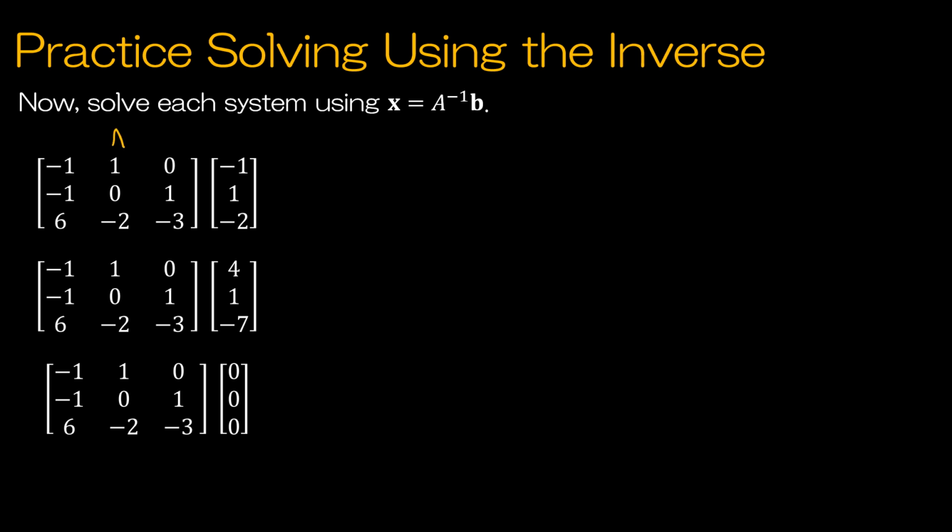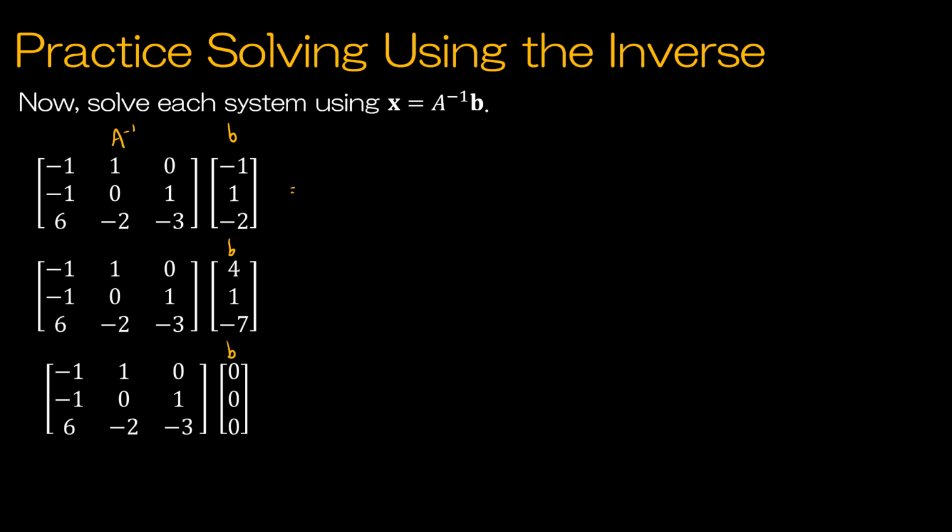So this is A inverse, and notice it's the same for all three examples. And we could certainly cheat again and use Desmos to take A inverse times each of these B matrices. Again, these are just column matrices or vectors. But let's go ahead and do it by hand. This is going to give us our solution.